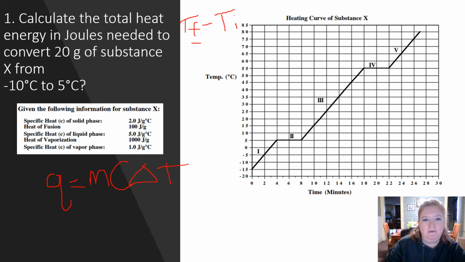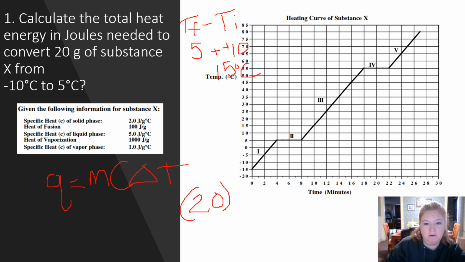So what was my final? 5. What was my initial? Minus 10. Do you see why converting to Kelvin might be helpful? Okay, but a minus gives me a plus. So this temperature change is 15 degrees Celsius. All right, so my mass is 20 grams.